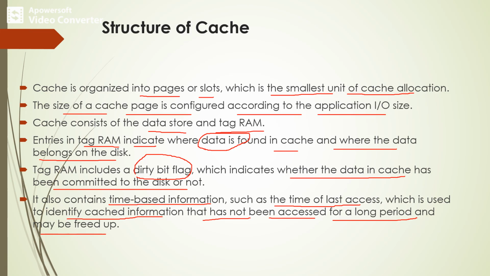Whenever the cache is full or reaches some cache utilization watermark level, we have to copy some set of pages from the cache to the disk. That process is called the flushing process. With respect to the time of last access, we can decide whether to keep such pages in the cache or delete them from the cache.